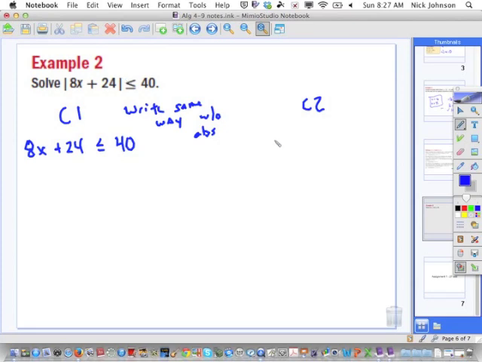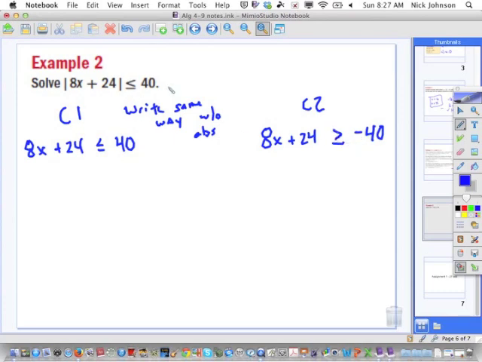Case 2 is you have to write it without absolute value signs, except now because we want to get the left side solution, dealing with inequalities, we have to flip it. Because what I'm doing is I'm actually multiplying 40 by a negative 1, which means I need to put a greater than or equal to sign on it now.